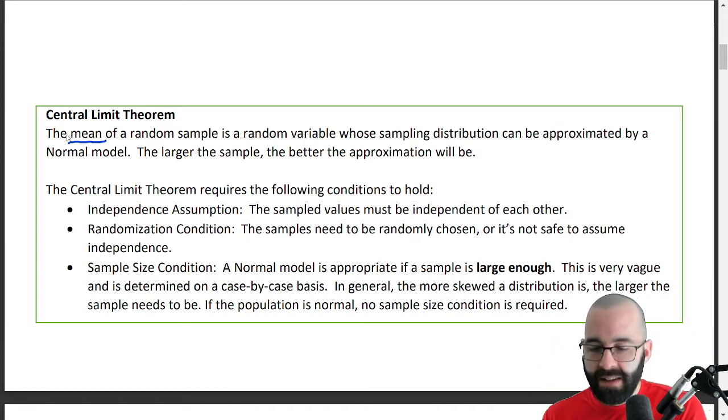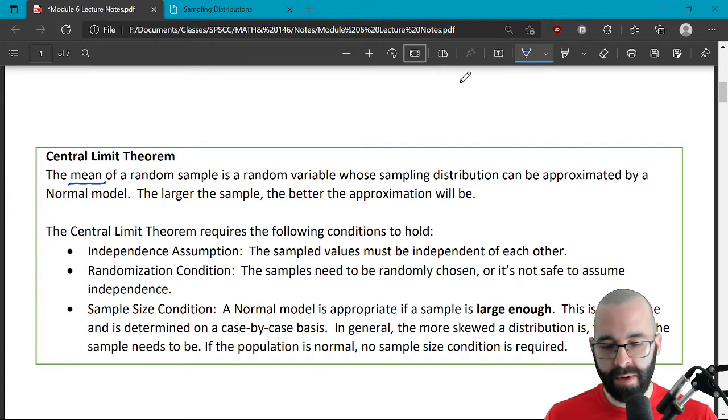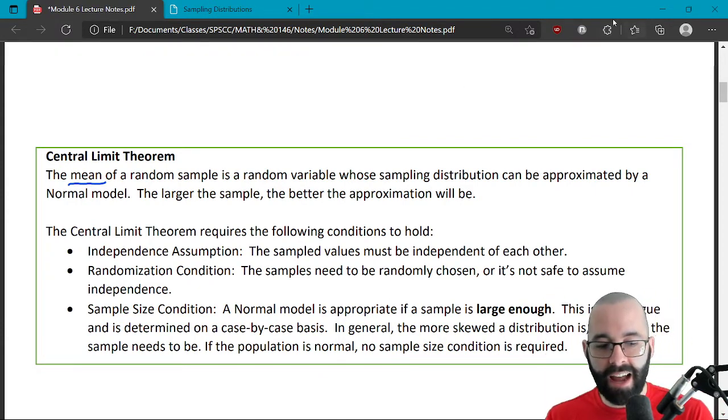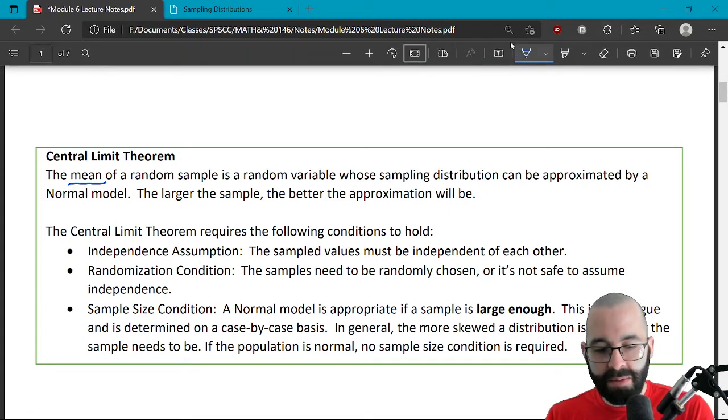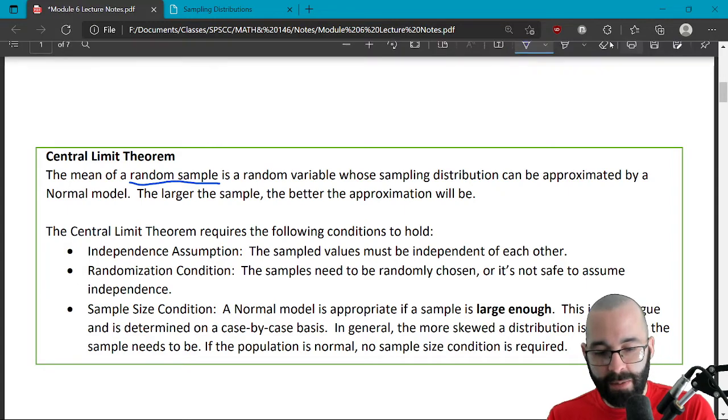The mean, right? That's the average. That's our X bar, the mean of a random sample. Random sample is something we also talked about. Random sample is asking random people from the population, and it's going to be random.